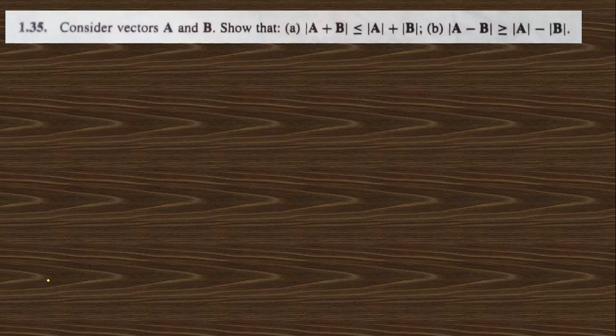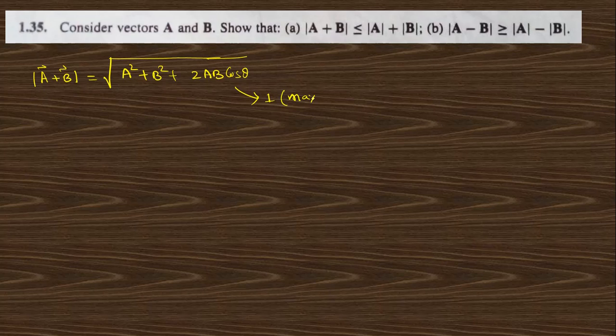consider vectors A and B. You know the magnitude of the resultant of two vectors A vector plus B vector is nothing but A square plus B square plus 2AB cos theta, under root. And you know the maximum value of cos theta is 1.